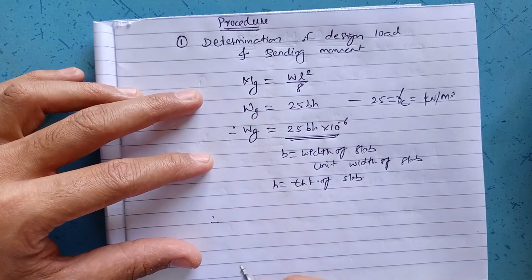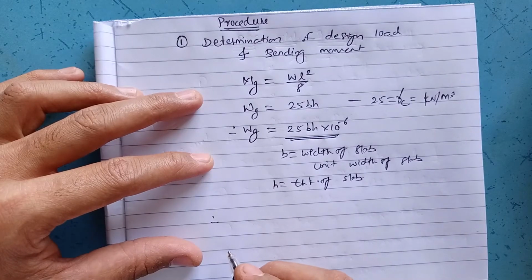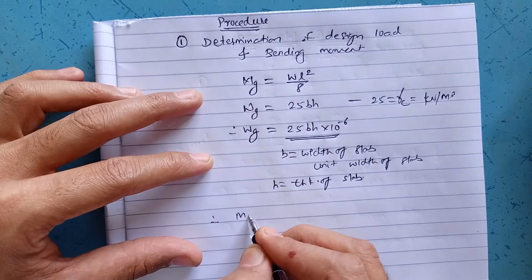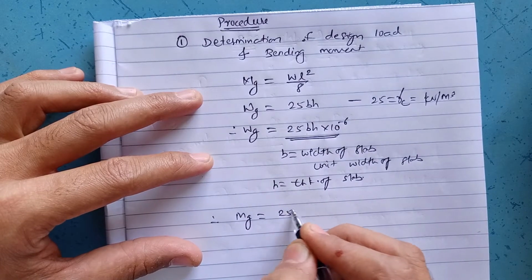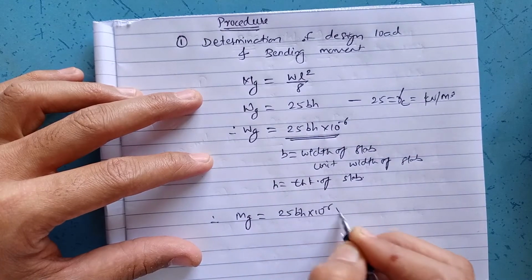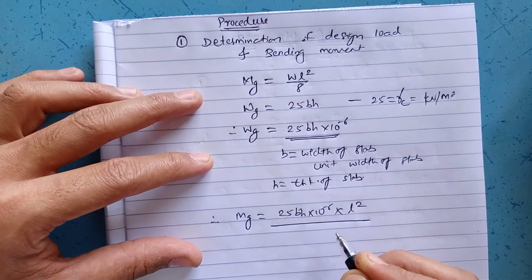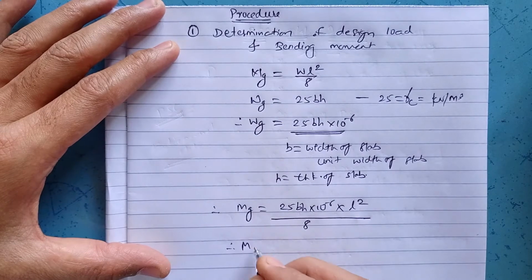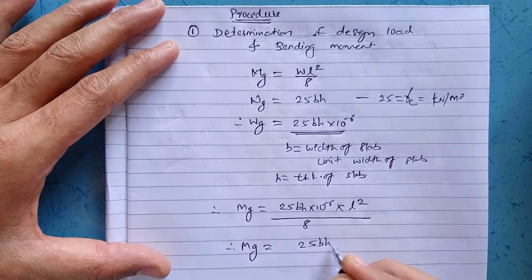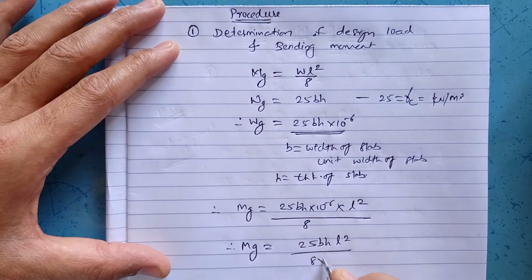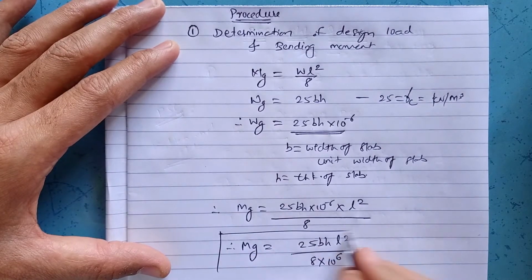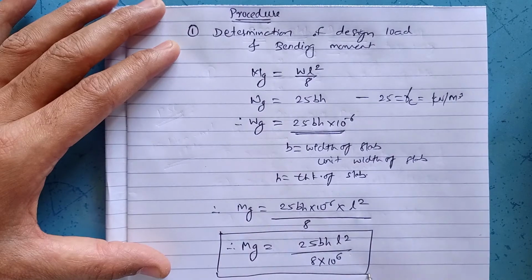Hence substituting this Wg in equation of mg, we can write 25 BH into 10 raised to minus 6 into L square divided by 8, or you can write as 25 BH L square by 8 into 10 raised to 6. In this way you are supposed to determine the bending moment.